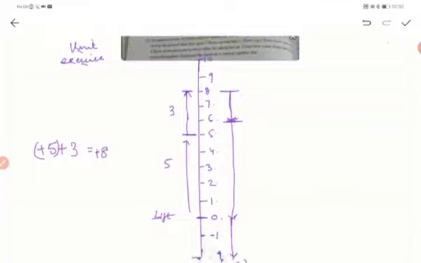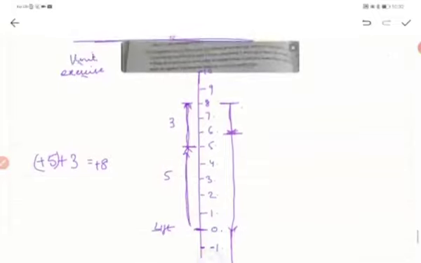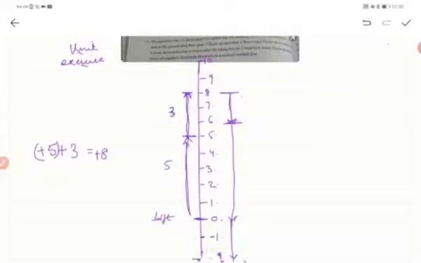So it is asked to count how many floors he had traveled altogether. Let's count now. First in the lift he went to the 5th floor, and from the 5th floor he traveled 3 more floors up, right? So 5 plus 3 is 8.